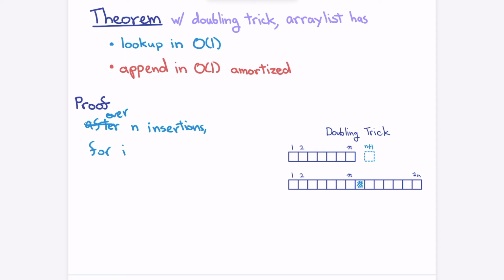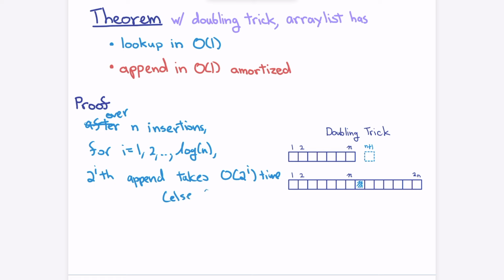So maybe for i equal to 1, 2, up to log n, the 2 to the i-th append takes big O of 2 to the i time. Otherwise, it takes constant time, which is not a big deal. So we can kind of ignore it, right?